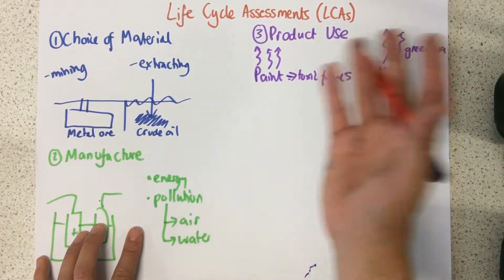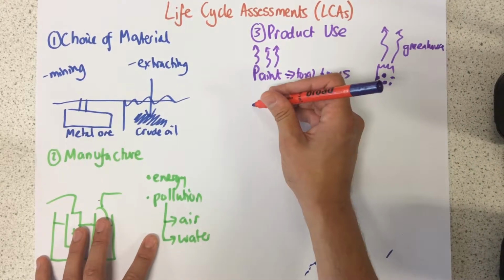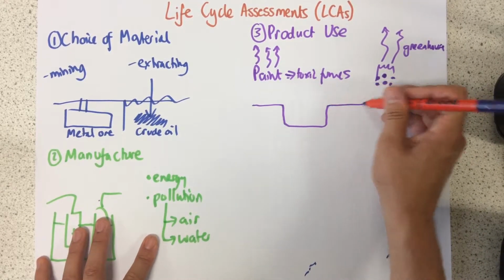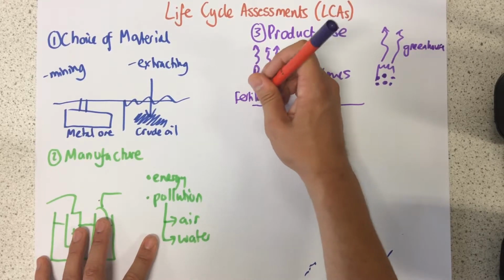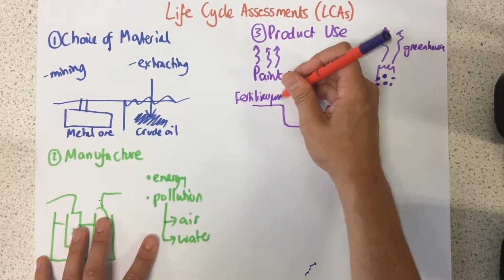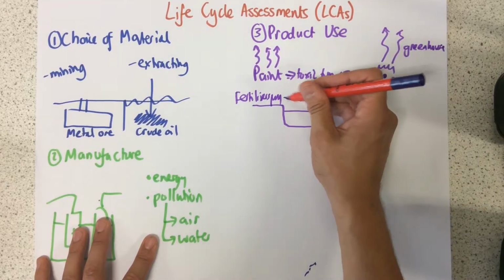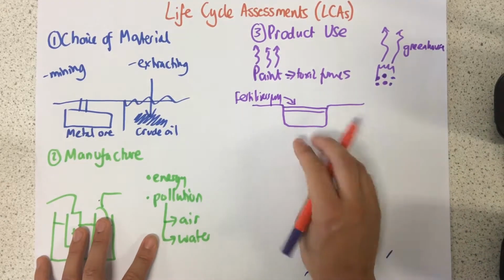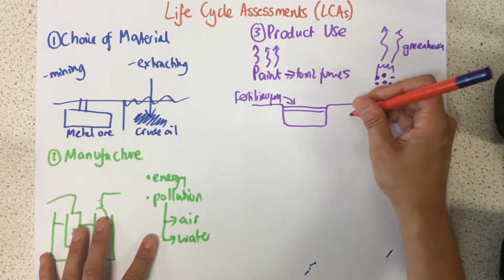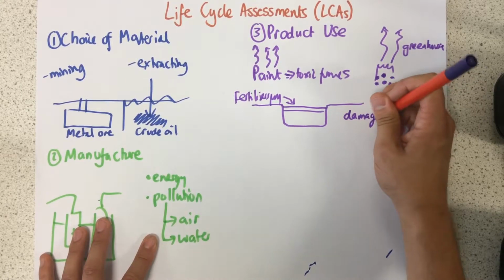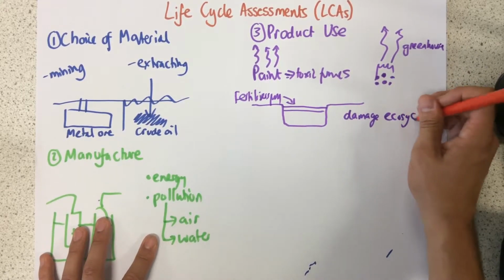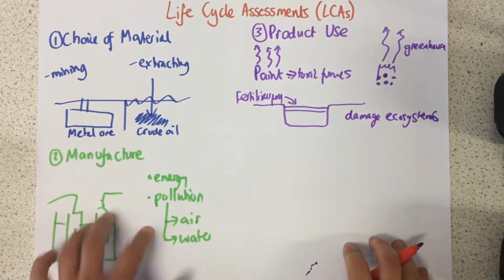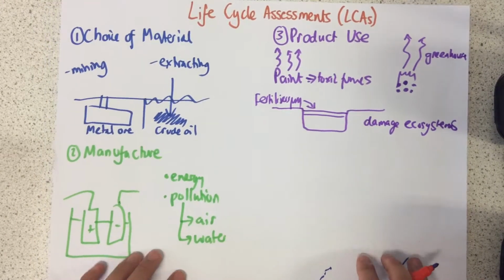Cars, for example, will produce pollution as well. Also, if we have fertilizers put onto crops to help them grow, those fertilizers could go into lakes and damage ecosystems. So it completely depends upon what product it is, depending upon the damage it has during its lifetime.